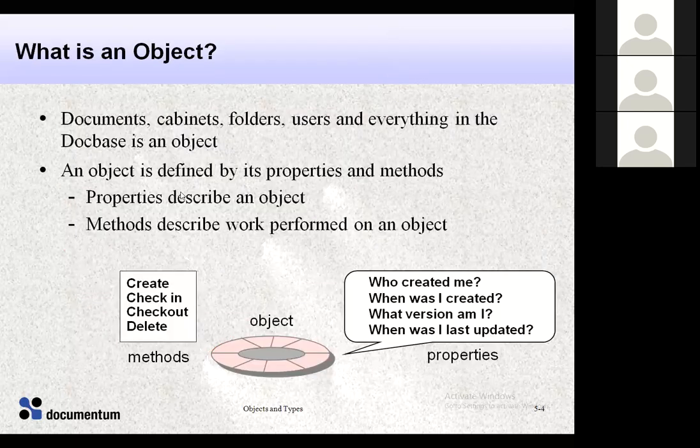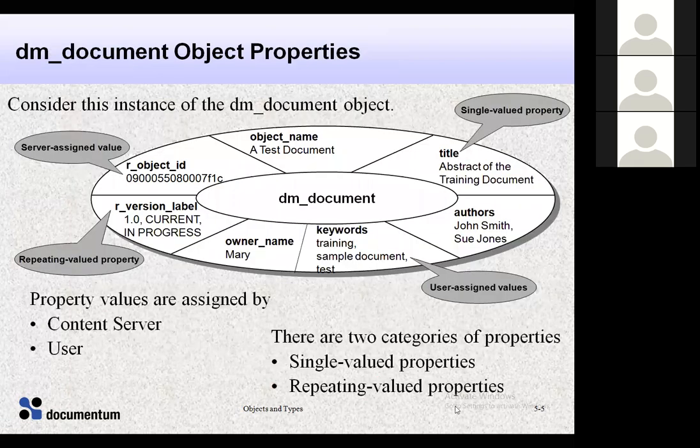Here we take one example. Let's consider one object. One object definitely belongs to a certain type. That type name is dm_document.